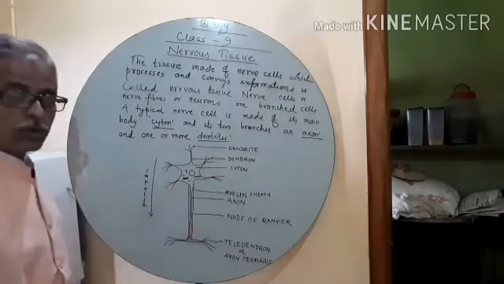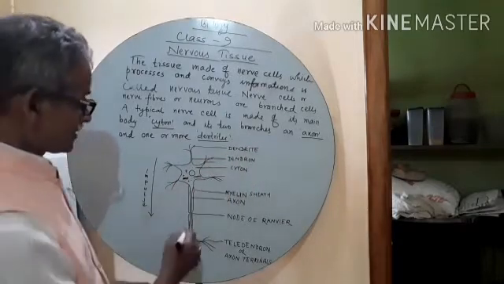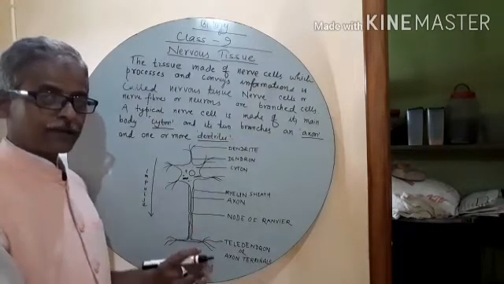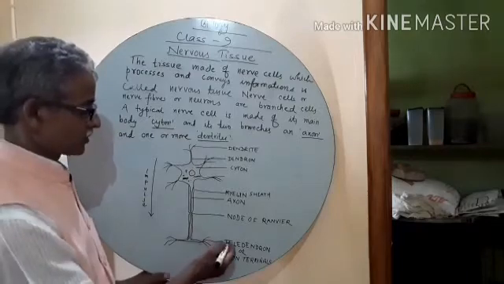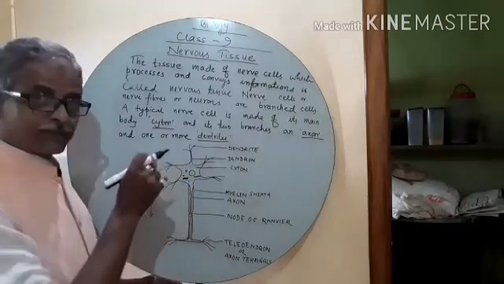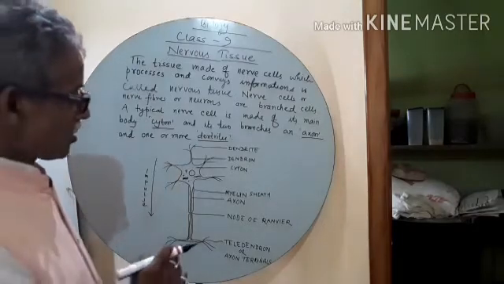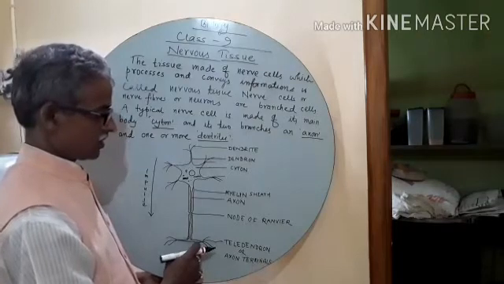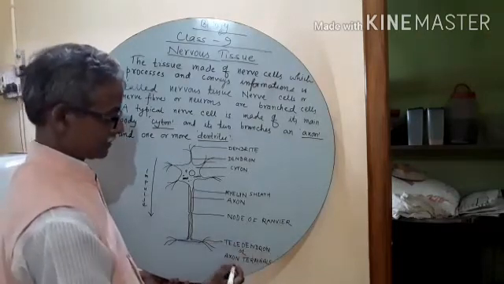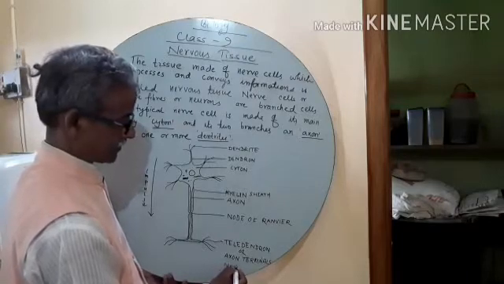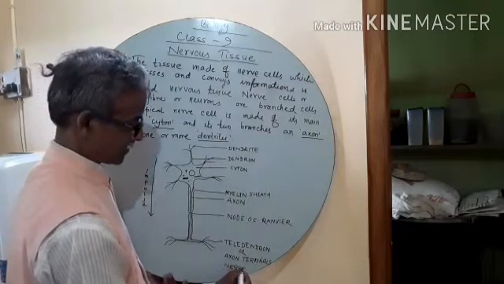The axon also terminates in branches. These are called nerve endings or axon terminals or teledendron.